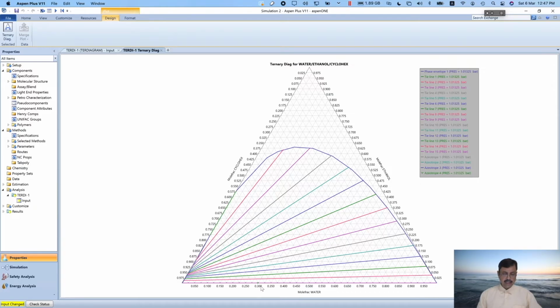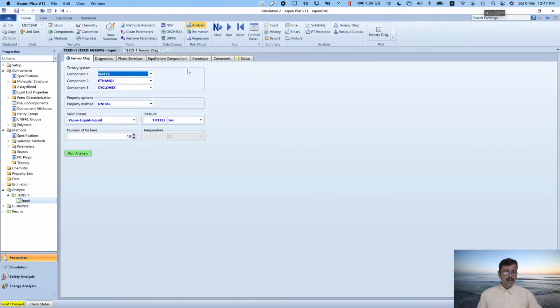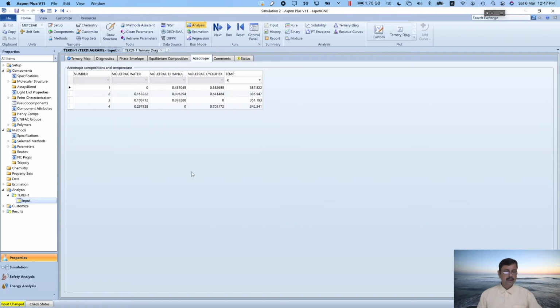One of them is very clear at 0.3. Okay? Other 3 are hidden somewhere. Anyway, let us go to the azeotrope concentrations. Yeah, so we have 4 azeotropes.